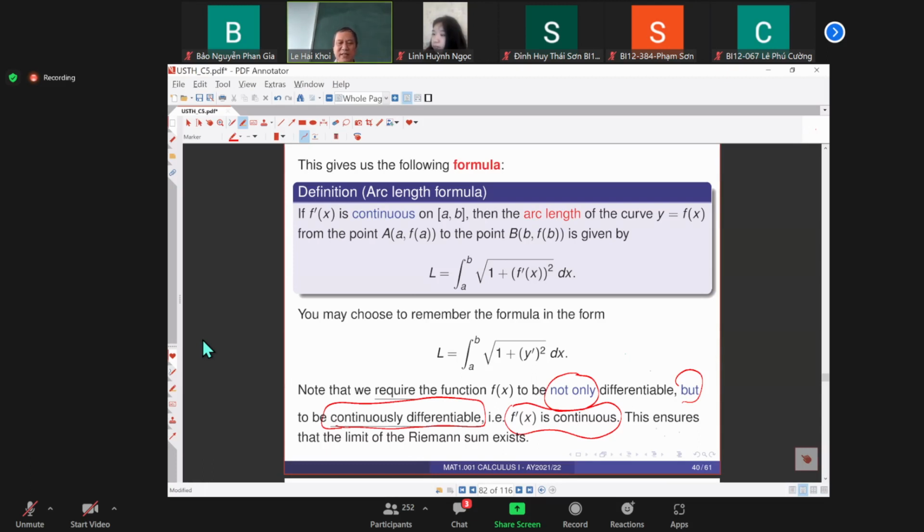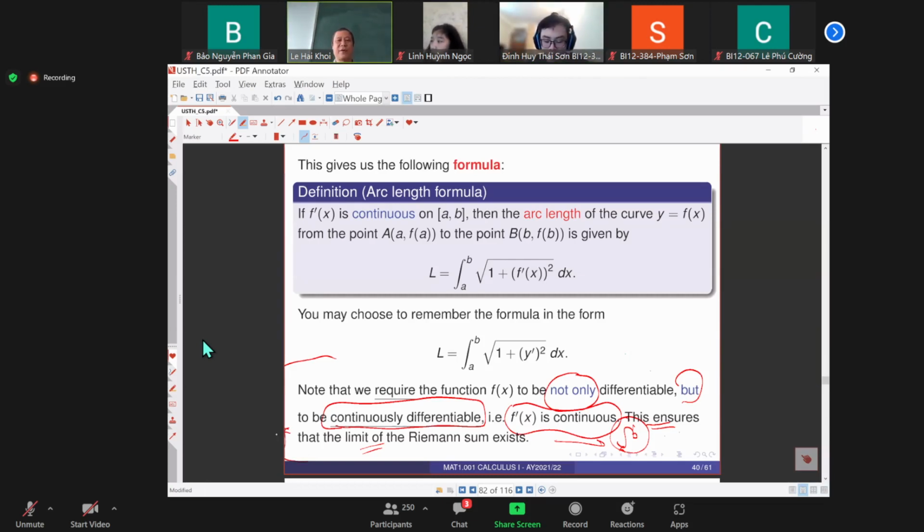This ensures that the limit of the Riemann sum exists, which means that the definite integral exists. So pay attention, because I mentioned this assumption several times today.